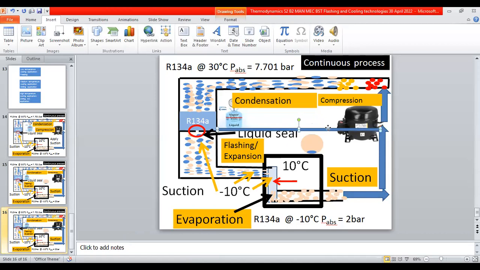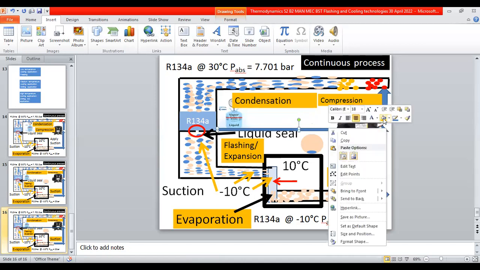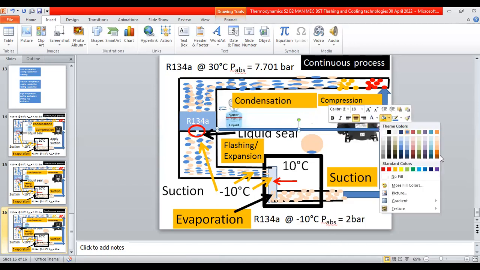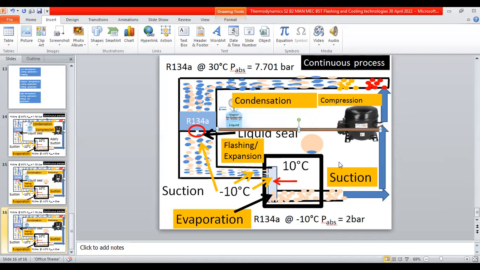Compressor suction, and here at the liquid seal, you can see the low pressure side.